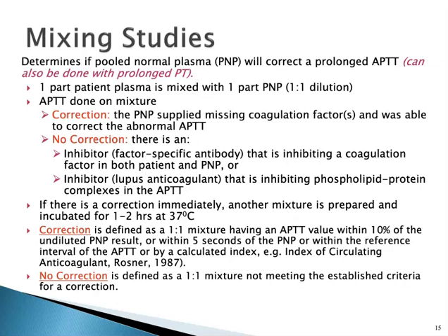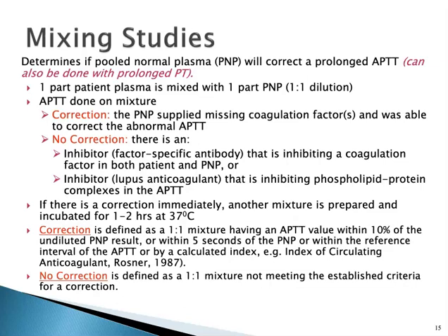Another way to do that is within 5 seconds of the PNP, or within the reference interval of the APTT, or by the calculated index, which is the index of circulating anticoagulant, Rosner of 1987. So there are 4 different ways in which we can compare our new APTTs to the older APTTs to see if we have a correction, but you can stick with the within 10% of the undiluted PNP result, and that should be okay.